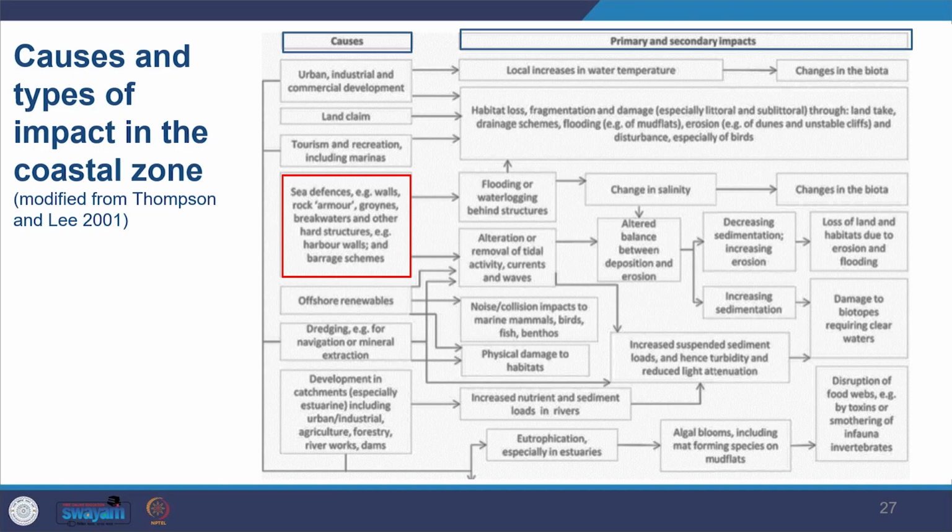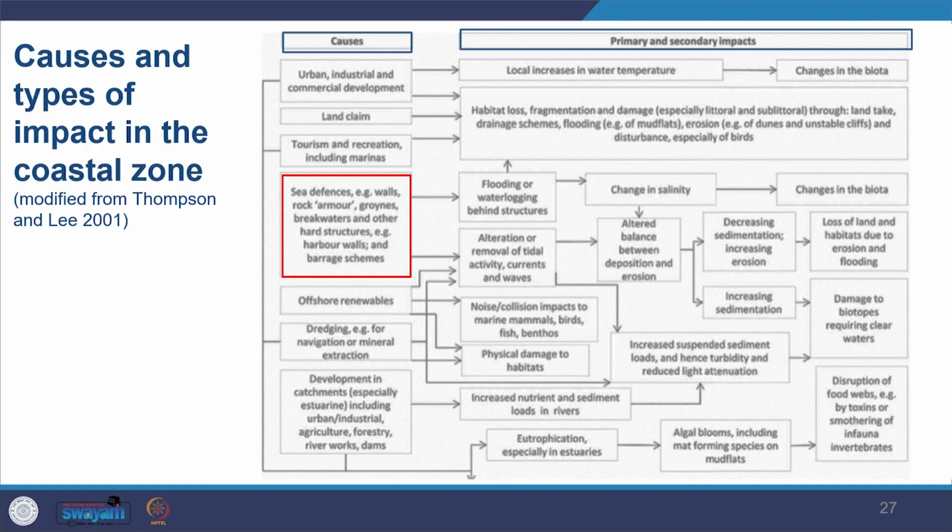So when these are built, they also have primary and secondary impact. They can impact flooding, or can also lead to waterlogging behind the structure. Wherever the structure is coming, the water which used to flow into the ocean would be blocked, and it would cause flooding and waterlogging behind the structure. That would also lead to change in salinity, change in biota again.